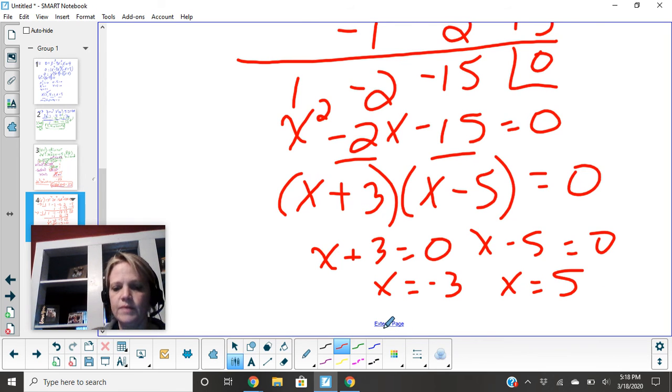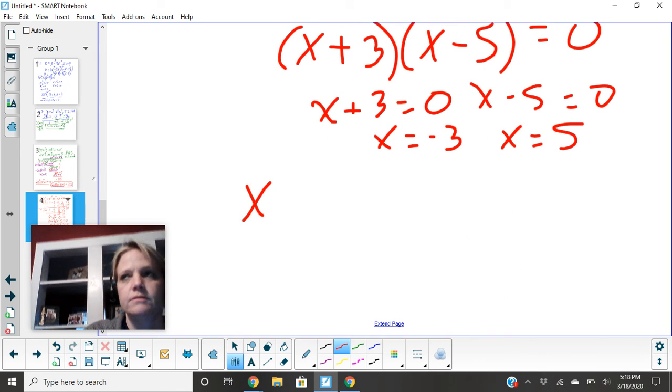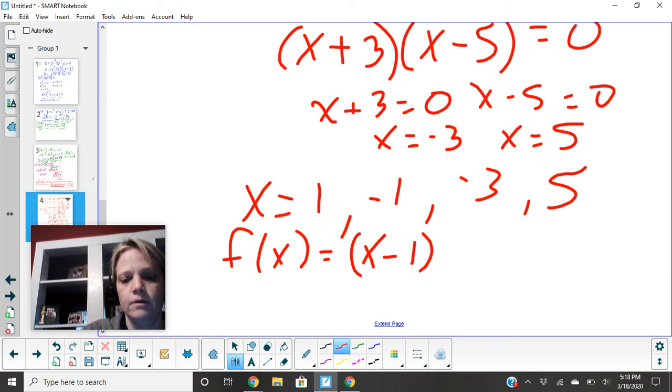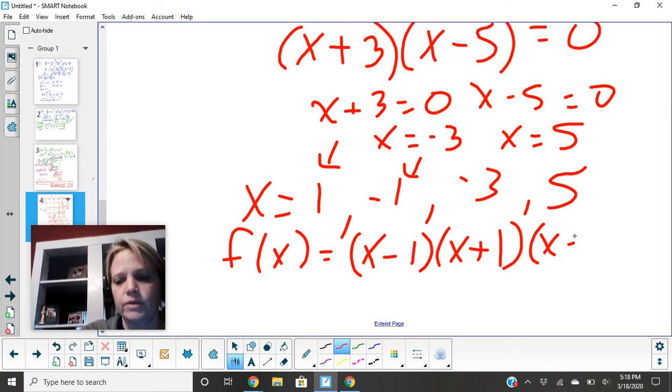So what this means is x is equal to 1, -1, -3, and 5. And so that means the factored form of f of x is x minus 1 for this one, x plus 1 for this zero, x plus 3, and x minus 5.